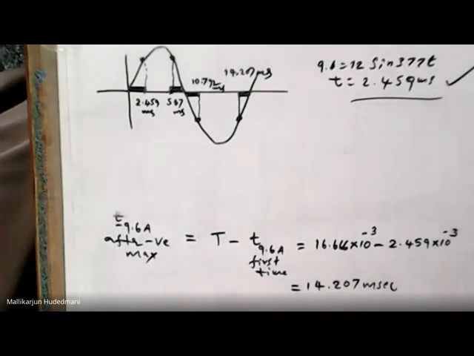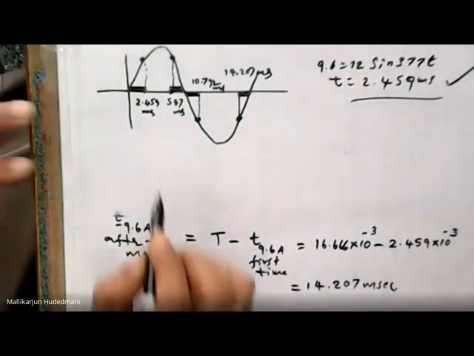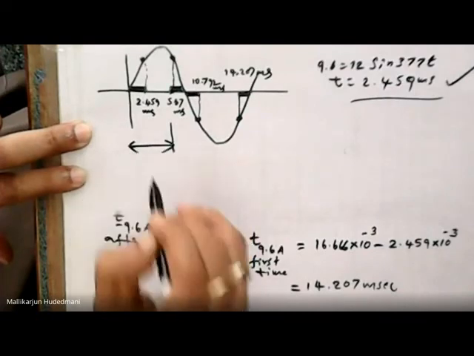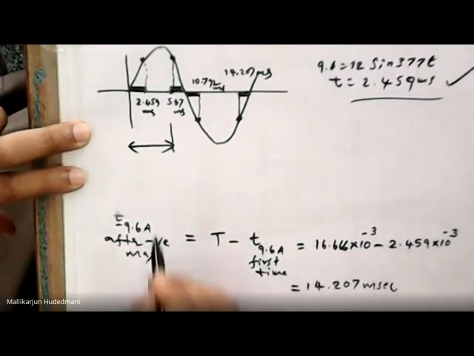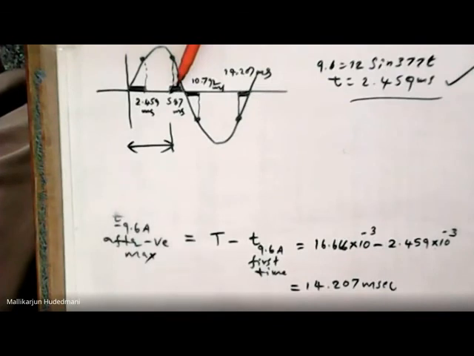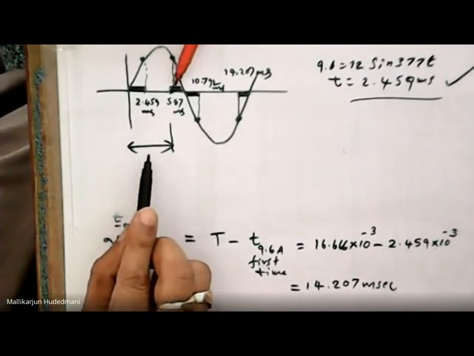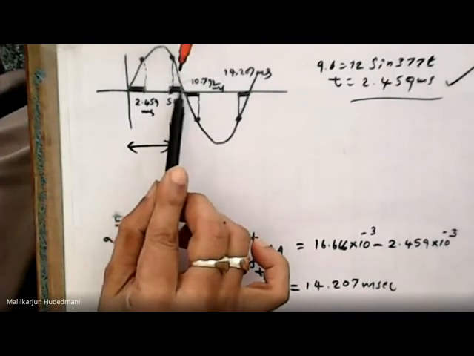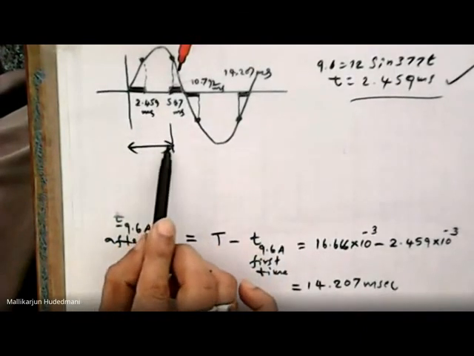Then I take the graphical advantage. So what is the time for this length? This length is half cycle. If I know half cycle is here up to this point, half cycle minus 2.459 millisecond, is it not this length I am going to get? T by 2 is here, half the cycle length, minus this, if I remove, is it not I am going to get this length of time?